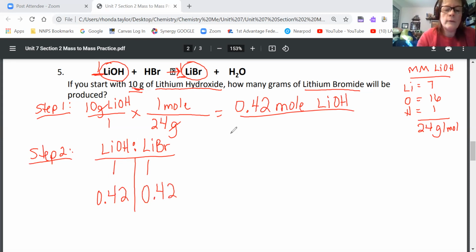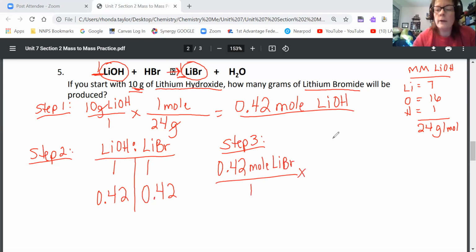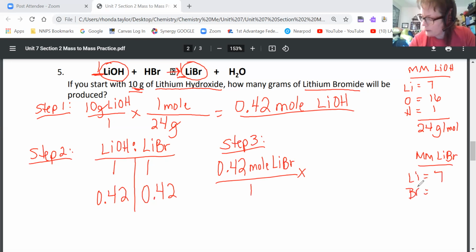So that was easy. And then step 3, you just got to convert the 0.42 moles lithium bromide into grams. Okay, so we need our molar mass of that one. Molar mass of lithium bromide. We already said lithium has 7. If you look up bromine on the periodic table, just round it to 80.